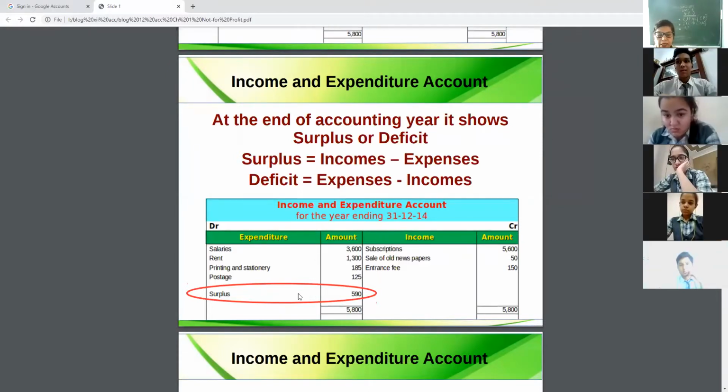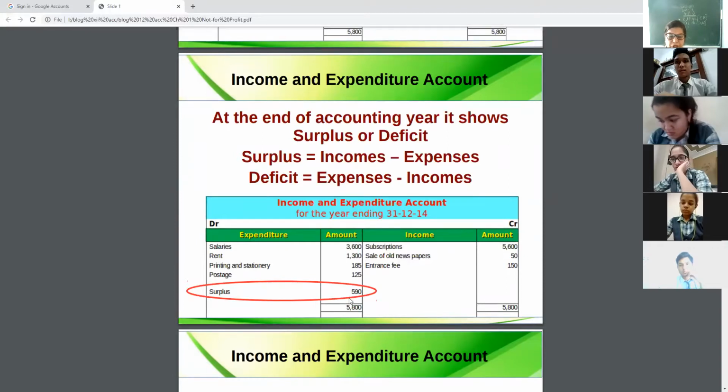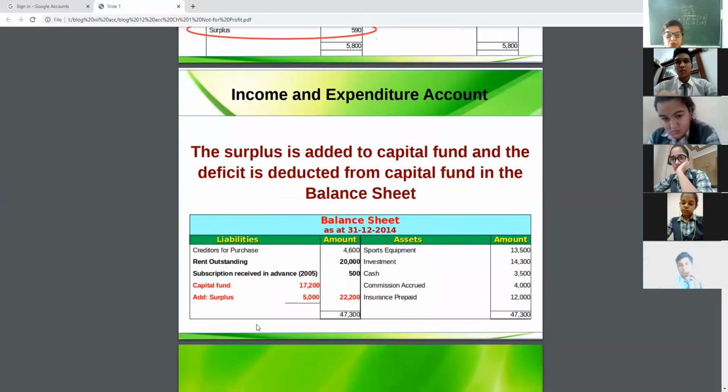But here, the surplus is transferred to the capital fund, and if there is a deficit, that will be subtracted. So the surplus earned by the NPO is added to the capital fund and the deficit is deducted from the capital fund in the balance sheet.